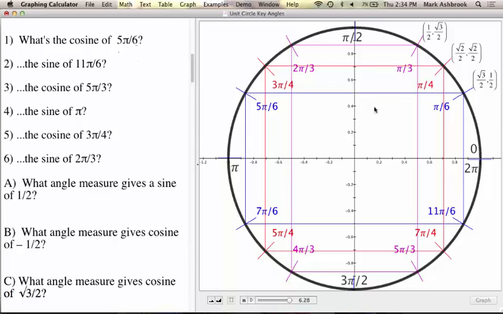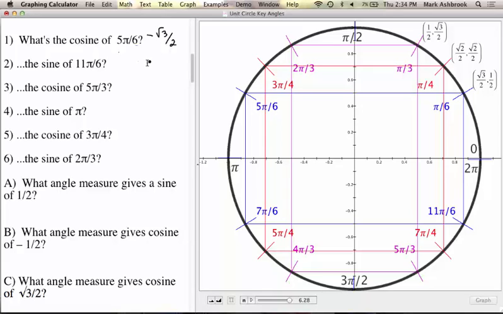Okay, let's just do these first 6, rapid fire here. How about this, Zach? Cosine of 5 pi over 6. Okay, sine of 11 pi over 6. Bahia?